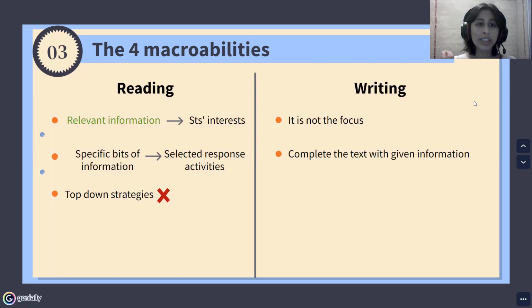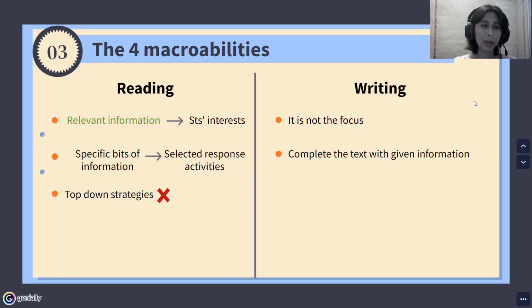As regards the activities that accompany these leaflets and articles, most of them are focused on specific bits of information. They have to identify that information in order to solve true or false activities or matching activities.